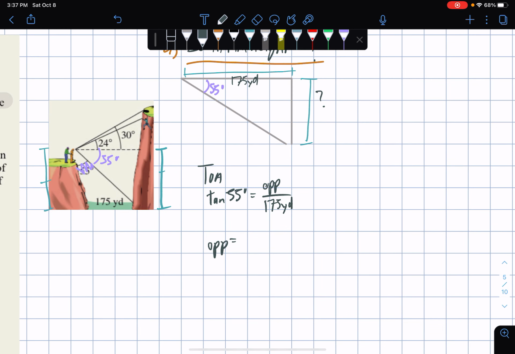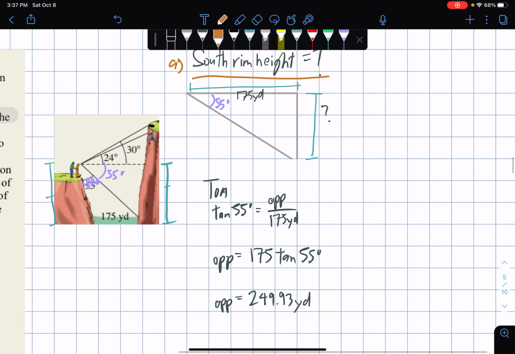The opposite side is equal to 175 tangent of 55 degrees. So 175 times the tangent of 55 degrees is 249.93 yards. Yeah, that's the height of the southern rim.